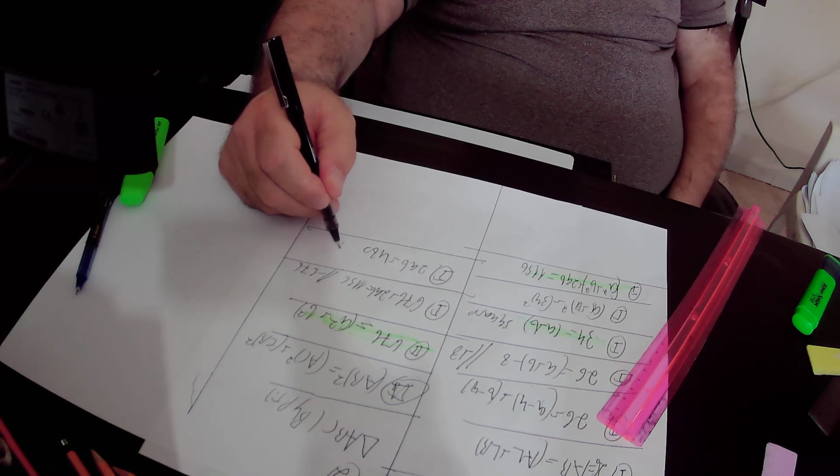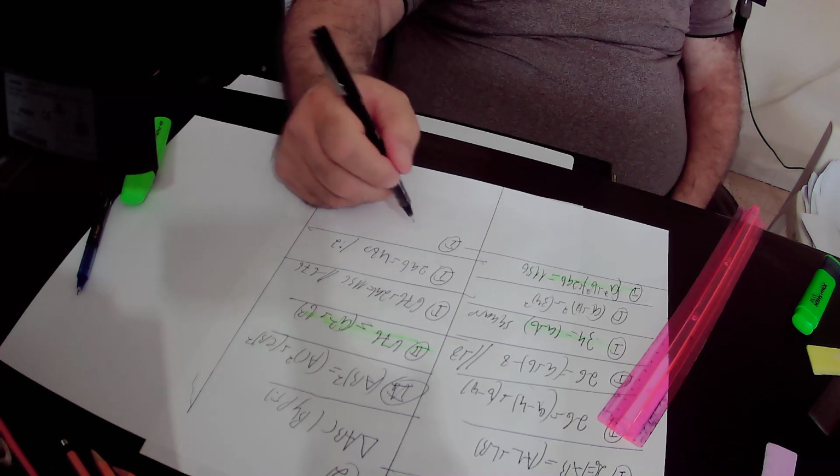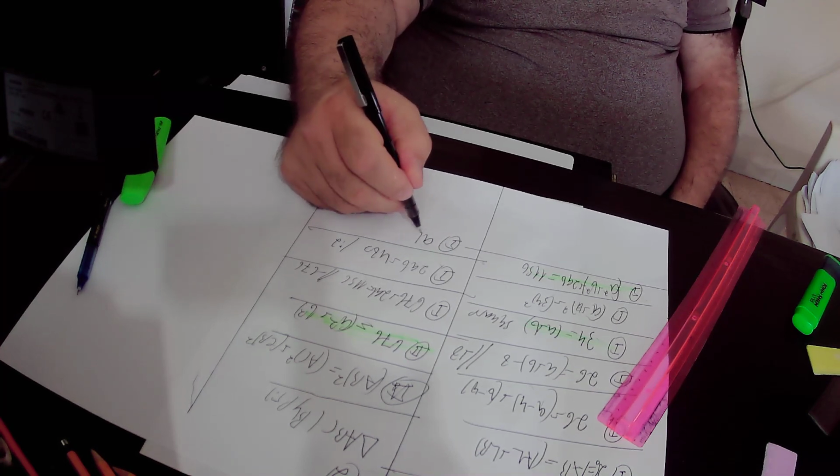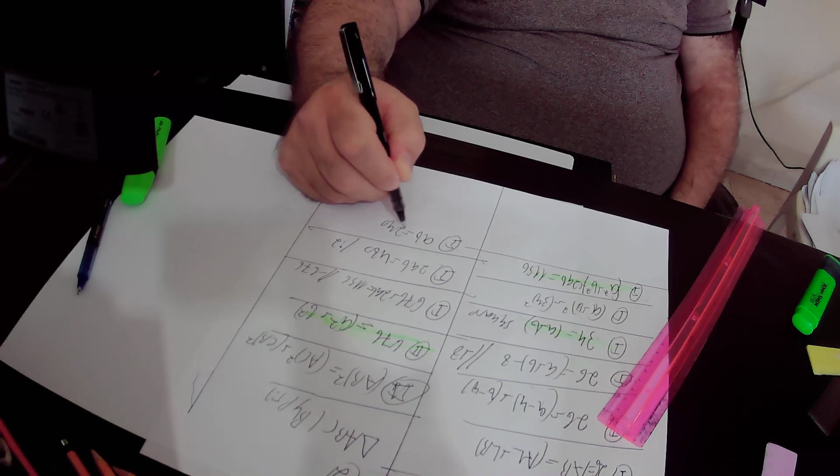Here we divide this equation by 2, and we get that A times B equals 480 over 2, which is 240.